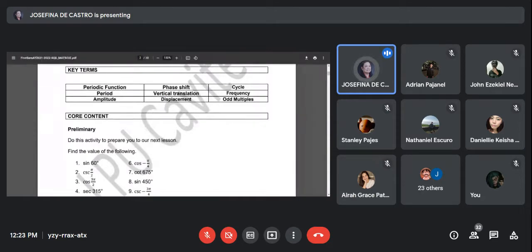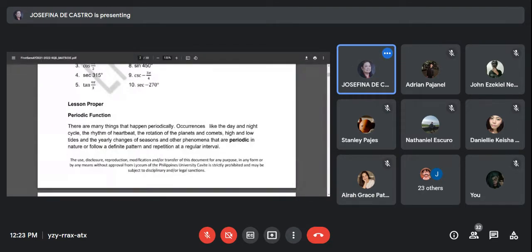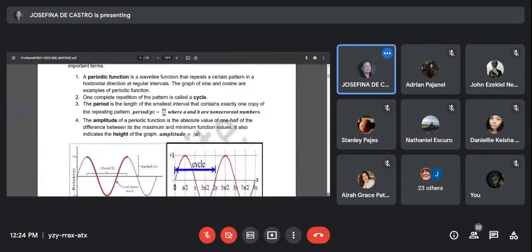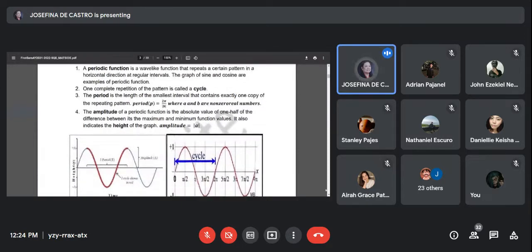So after learning yung mga parts niya, we already know the parts, the cycle, isang complete cycle ng pattern, ito yan, and then yung period, the length of the interval that contains one copy. Okay?